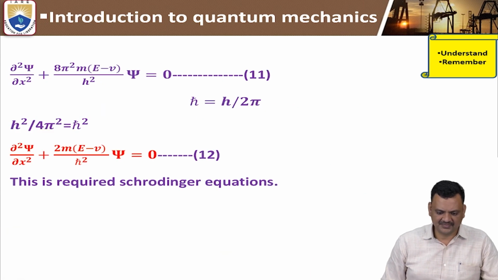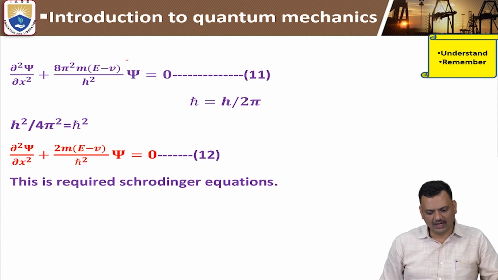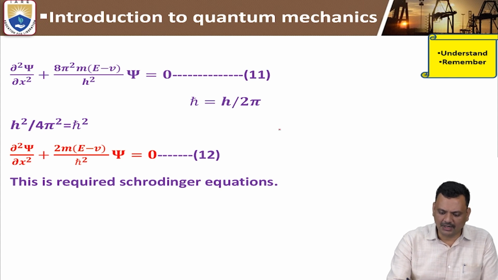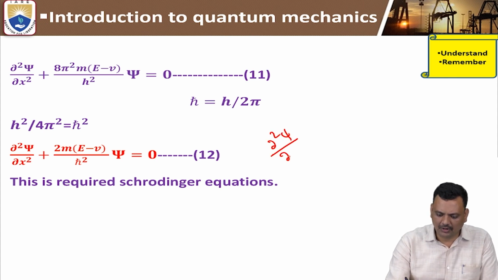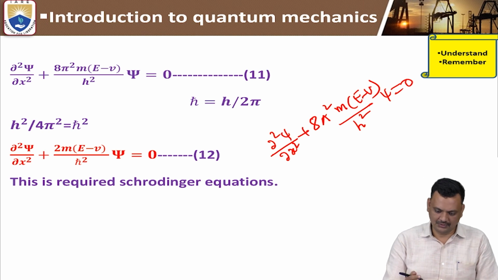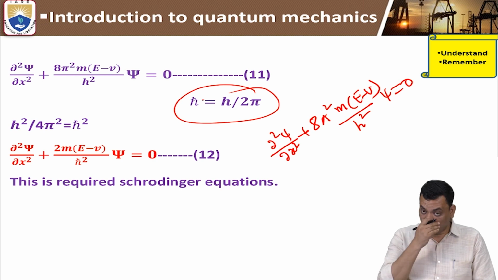So now put this m square v square value here in equation 7. What you will get? You will get d square psi upon dx square plus 8 pi square m times E minus V upon h square psi is equal to 0. Now you can again rearrange this equation 11 in terms of h cut.